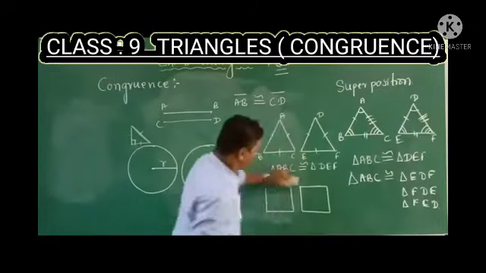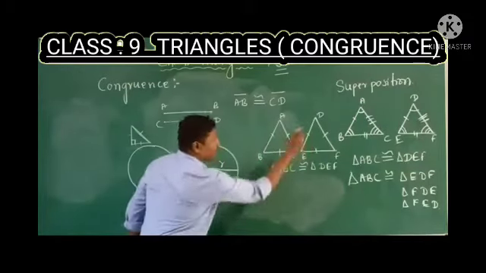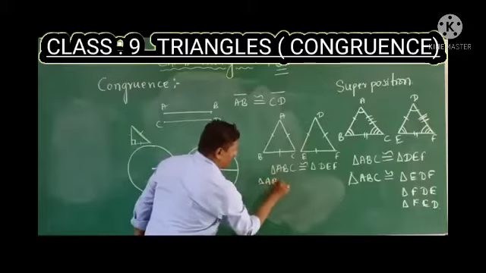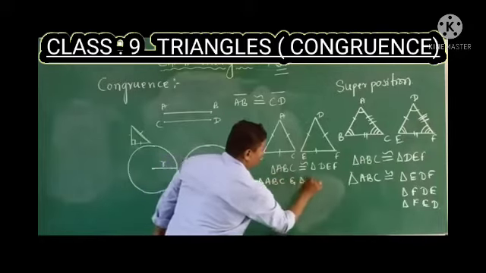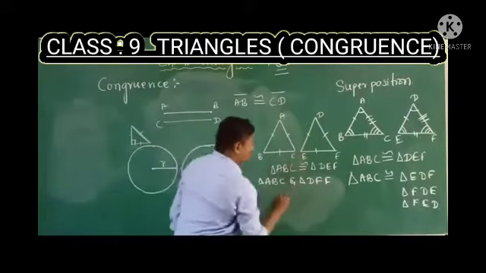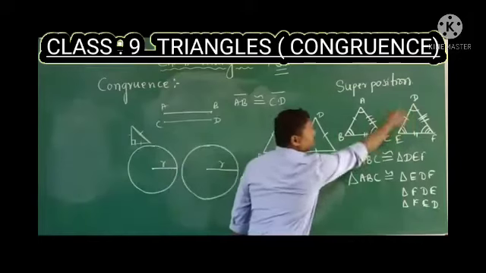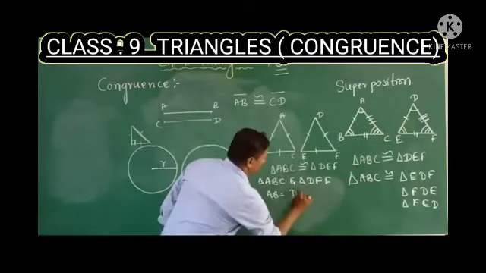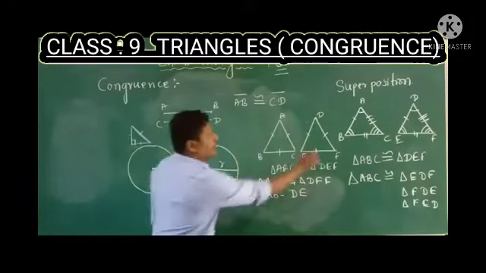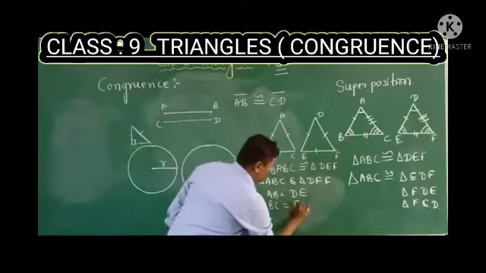By using sides, how can you represent the triangle? Again, take the same two triangles, triangle ABC and triangle DEF. AB is equal to the side DE. Next, the second side, BC is equal to EF.